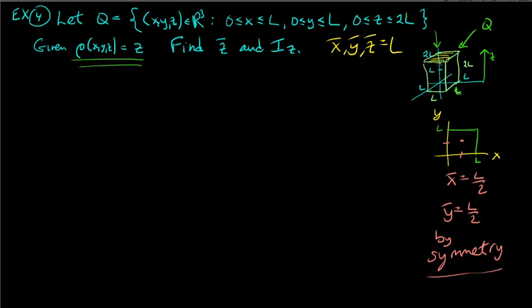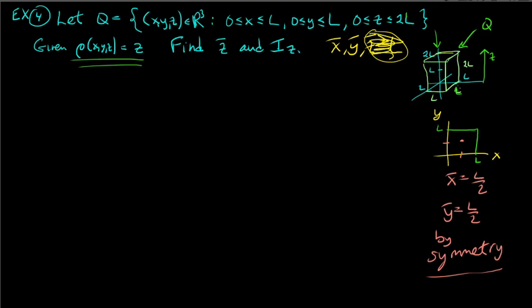It's more dense at the top than it is at the bottom. So I would expect that z bar will be a little bit higher than L, than halfway up. Exactly how much? Well, we'll have to do the math and calculate it.